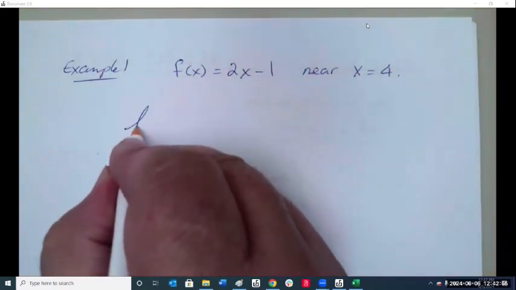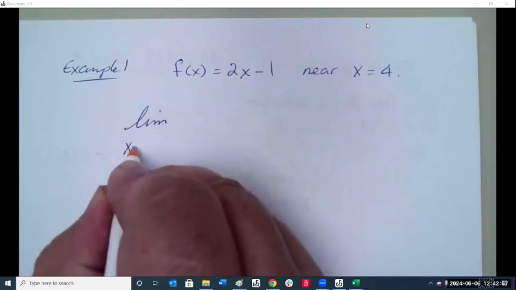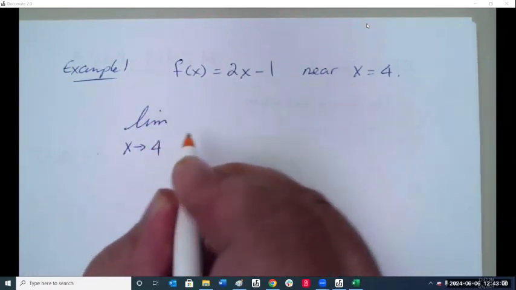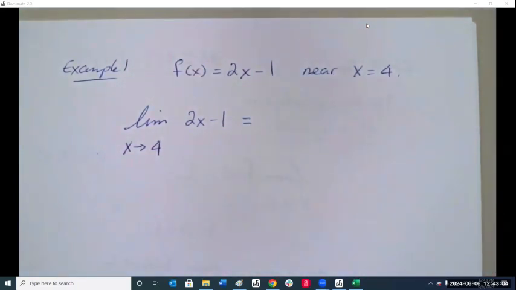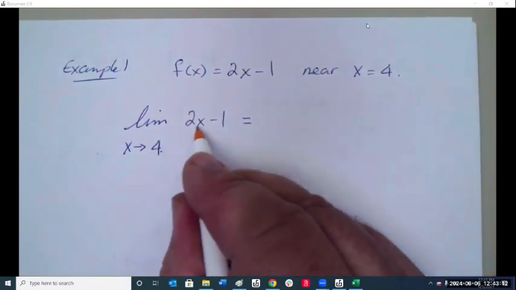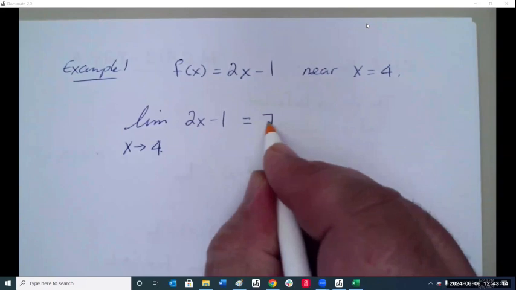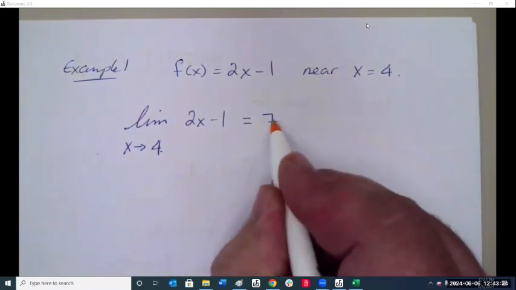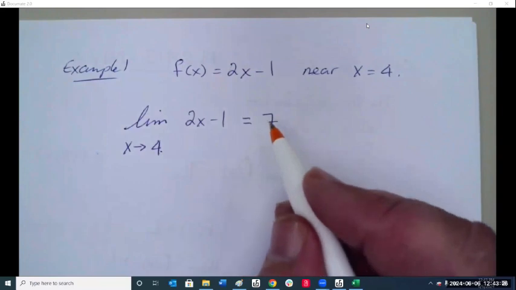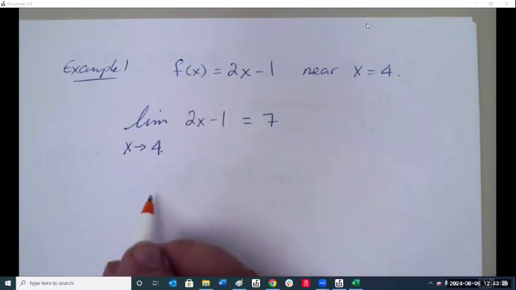So if we look at the limit as x approaches 4 of 2x minus 1, what does that equal? Plug in x: 2 times 4 is 8, minus 1 is 7. Remember, this is our limit value that's on the y-axis. So what this says is this.